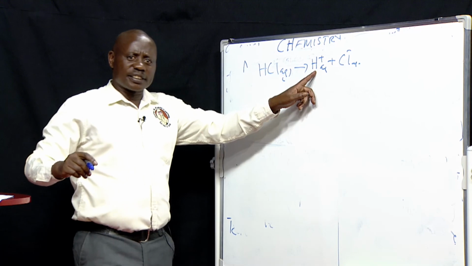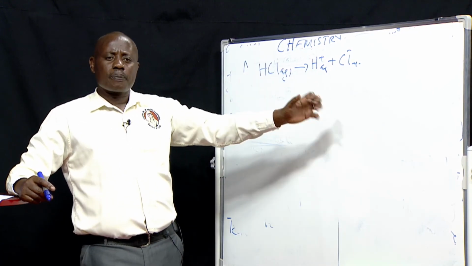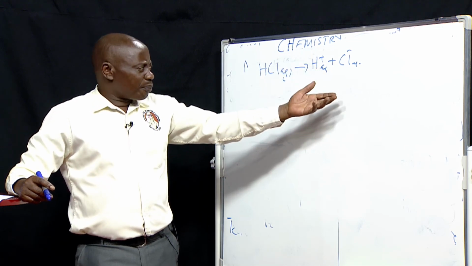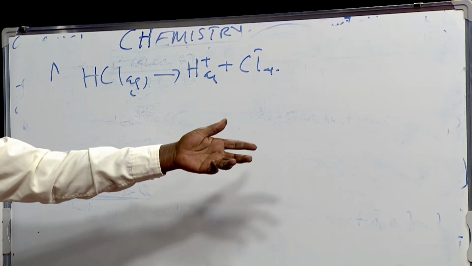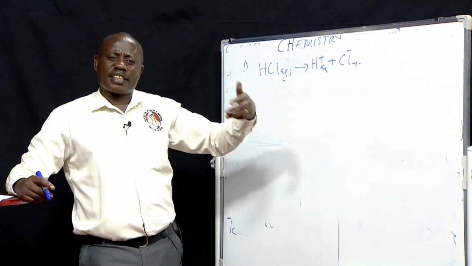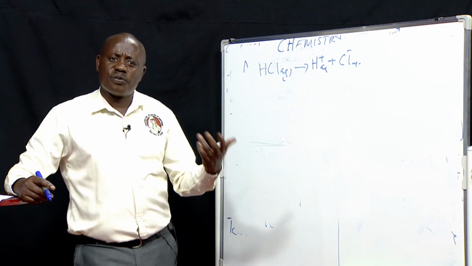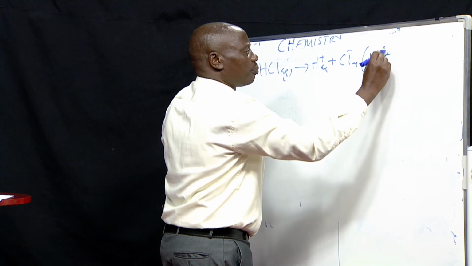It is these hydrogen ions that combine with oxide, hydroxide, or carbonate. And it is the chloride that combines with silver nitrate and lead(II) nitrate. It is these ions that carry electric current. And this is because water is a polar solvent.